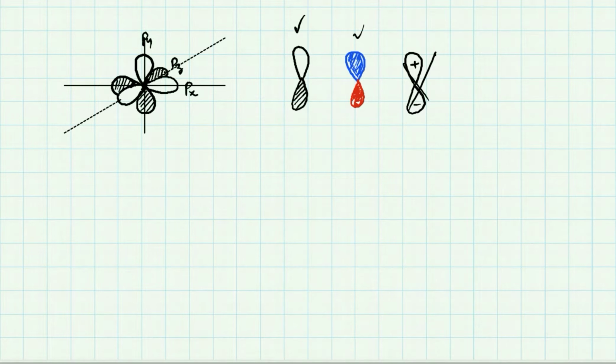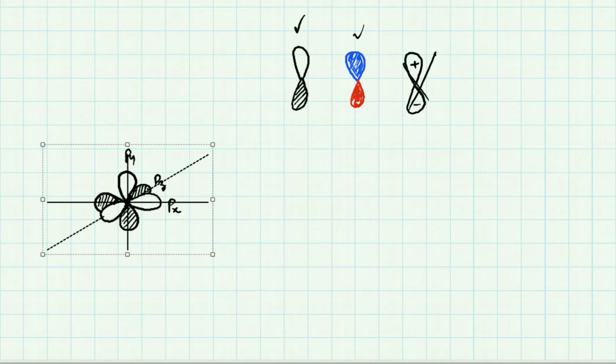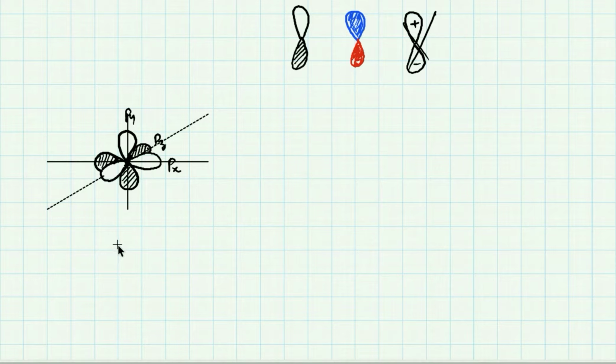Suppose we want to combine these. This p is the p orbital from the second shell. Suppose these are three 2p orbitals. We want to combine this 2p from one atom with the 2p from another atom.